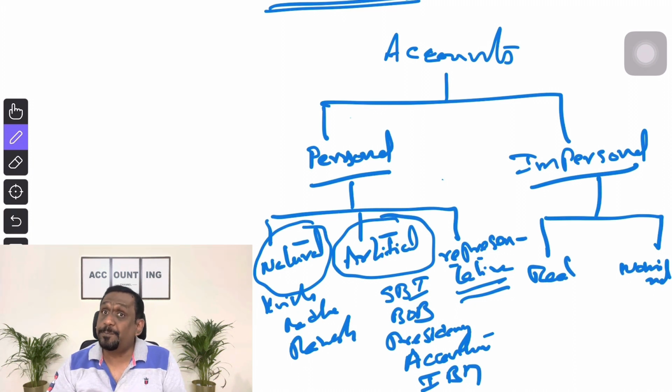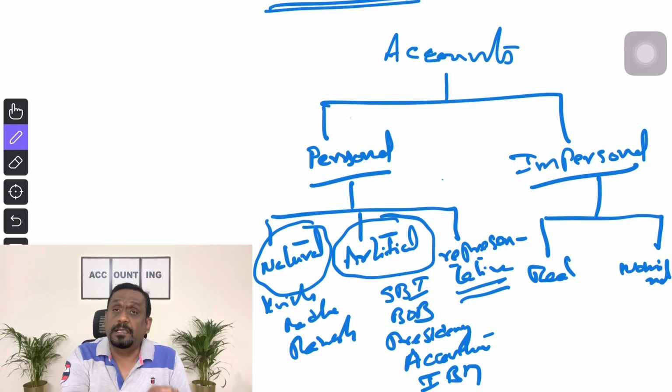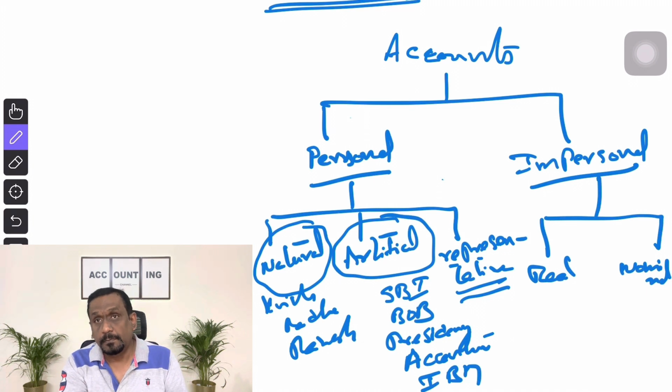It acts as a representative person because we credit capital account. Anyway, I'll explain while explaining the journal entry, but for the time being, let us understand capital is a personal account. Why? Capital will be credited on behalf of a natural person. Drawings is a personal account. Drawings acts as a personal account because it replaces a natural person. Salary outstanding is a representative person.